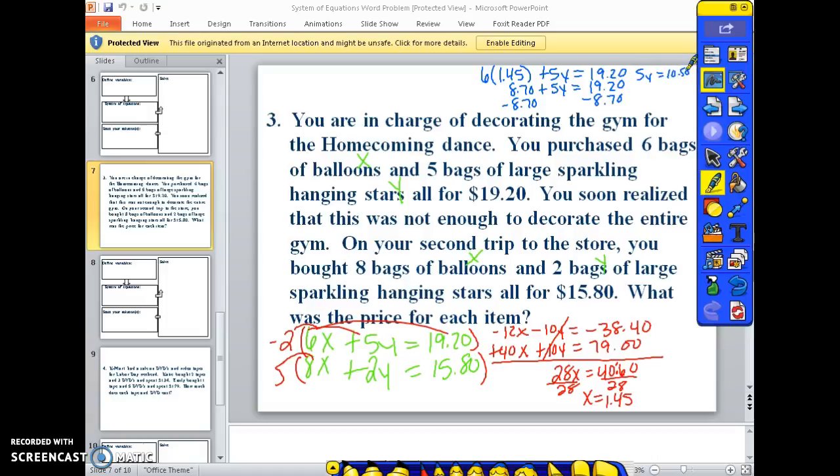Divide by 5. And the sparkling hanging stars are $2.10 each. And this concludes our video for word problems with systems of equations.